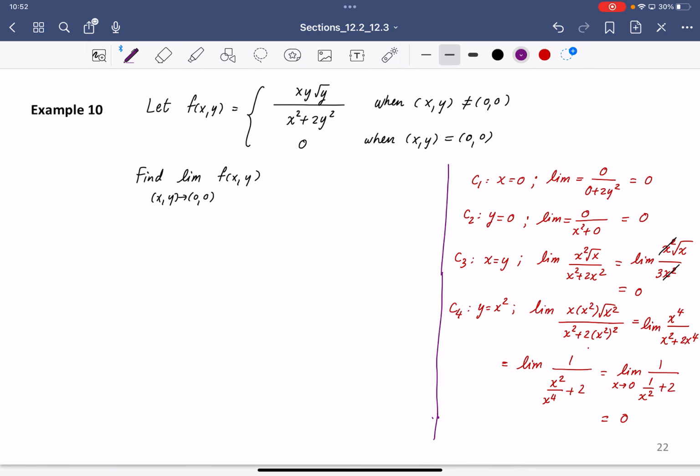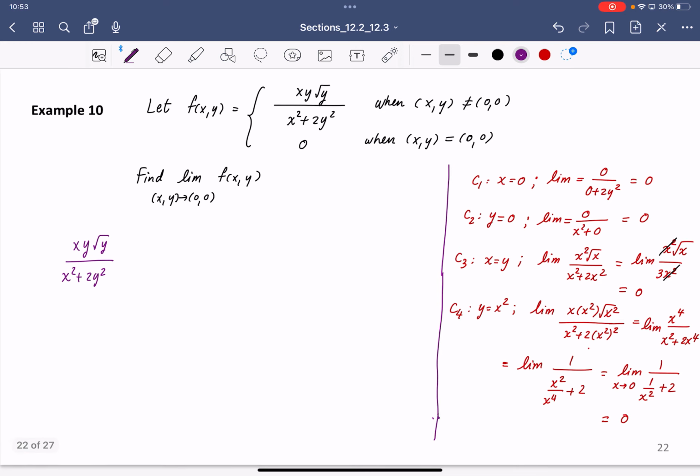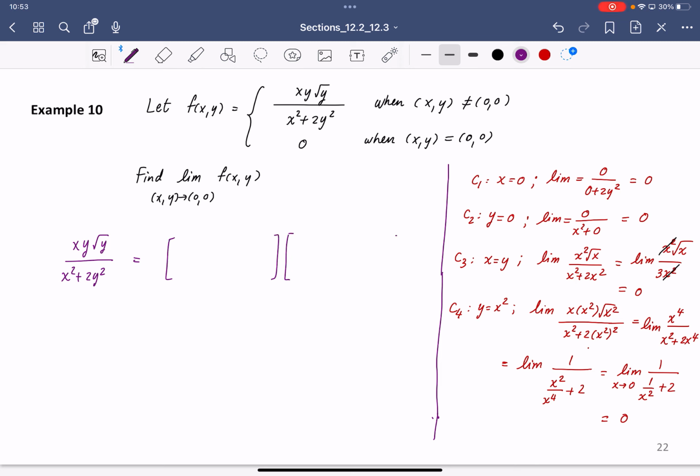Alright, so we're going to start with xy times the square root of y over x squared plus 2y squared. We're going to split it into two things, f and g, and then we're trying to apply the squeezing theorem. So what is going to be our f? What is going to be our g?